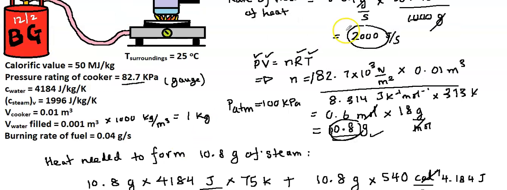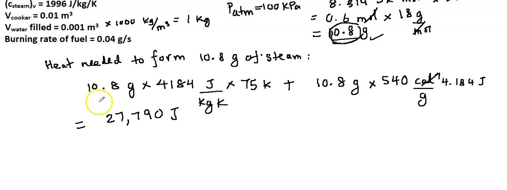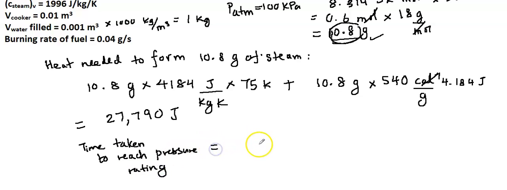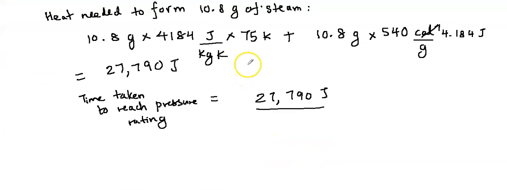Okay, so we are supplying 2000 joules a second. It's going to take us 27,000, roughly 27,000 joules. So we're almost done. So the time taken to reach the pressure rating is 27,000 divided by 2000 joules a second.